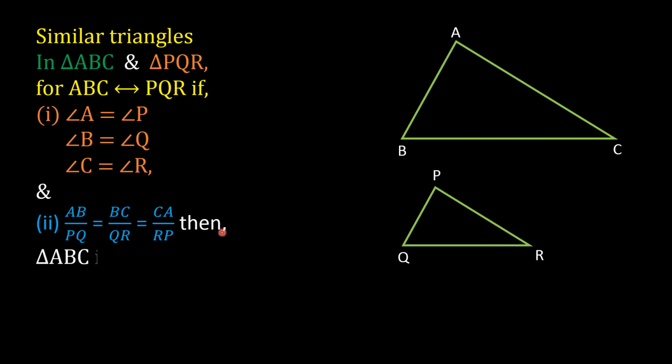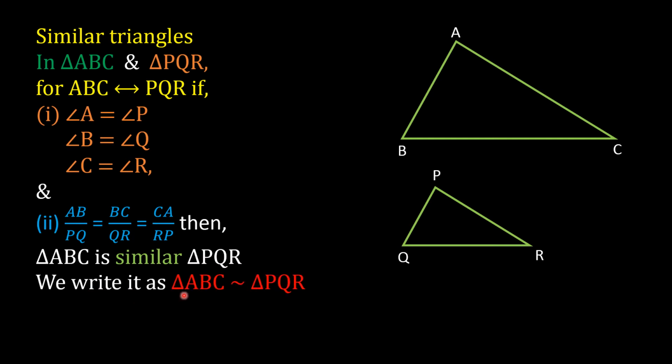Then we say that triangle ABC is similar to triangle PQR, and we write it as triangle ABC similar triangle PQR, where this sign is used for similarity.